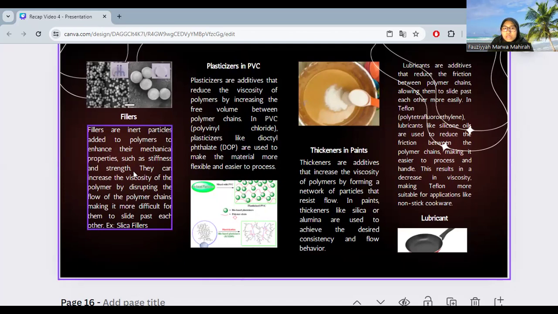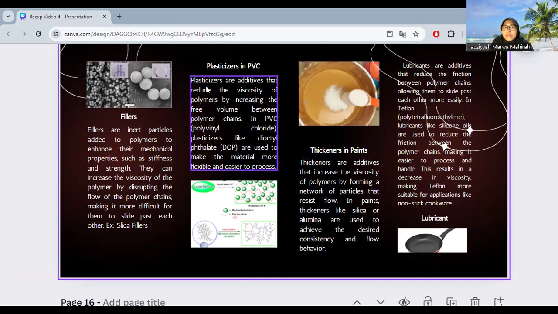That's why you need to use fillers to enhance their stiffness and to increase the viscosity by disrupting the flow of the polymer and making it more difficult for them to slide past each other. So it gives it more strength basically.